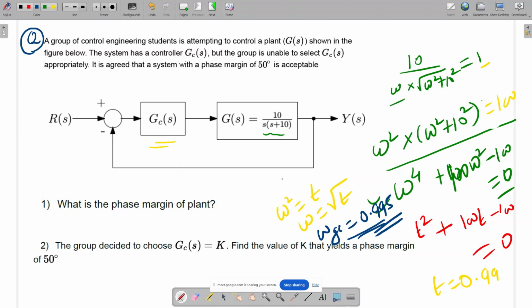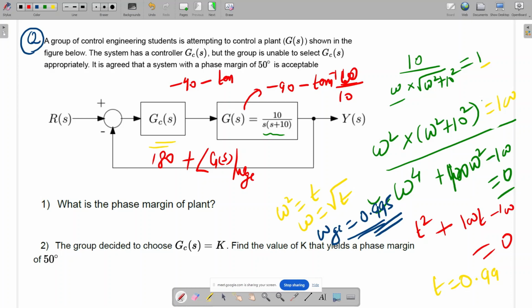So what will be the phase margin? Phase margin is equal to 180 plus the angle of G(jω) at omega gc. So what will be the angle at omega gc? The angle will be minus 90 minus tan inverse of omega by 10, that is 0.995 by 10, since the factor is 10 plus j omega. How much will be this angle?